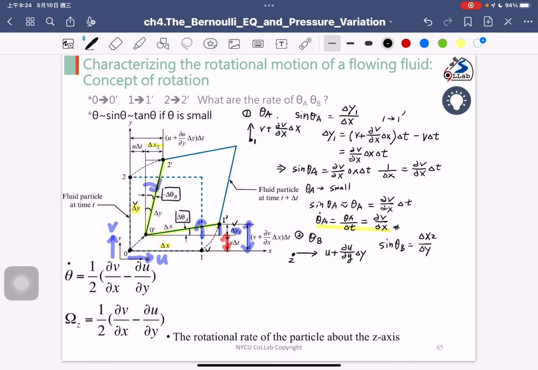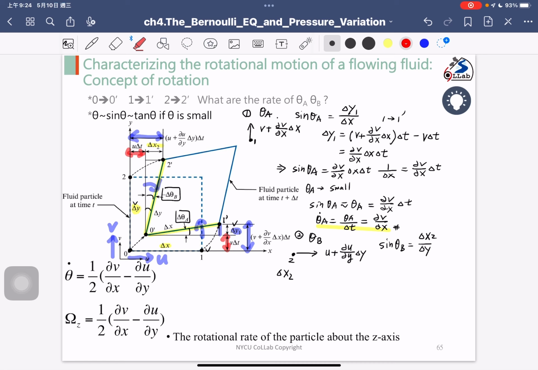Similarly, we don't know how large delta x2 is. So again, we can compute the travel distance here. This is the travel distance at location 2, and we have an additional travel distance of u multiplied by delta t.